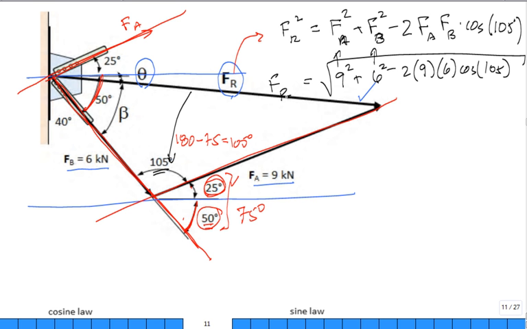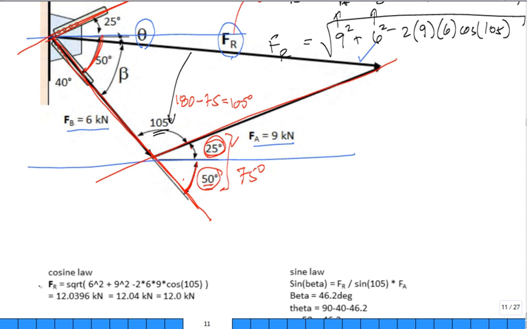Okay, so I made that calculation. Let me just scoot down right below. And F_R, using the cosine law, comes in to 3 significant digits right at 12 kilonewton. Okay. Then the other is I need to get this angle theta.